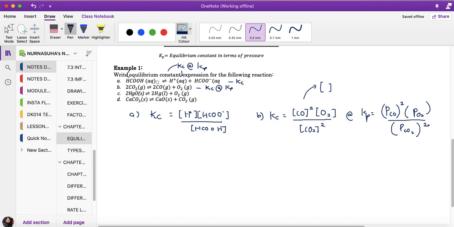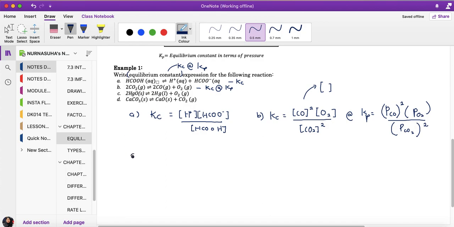You don't have to worry about whether the reaction is balanced or not. Usually they will give one that is already balanced.